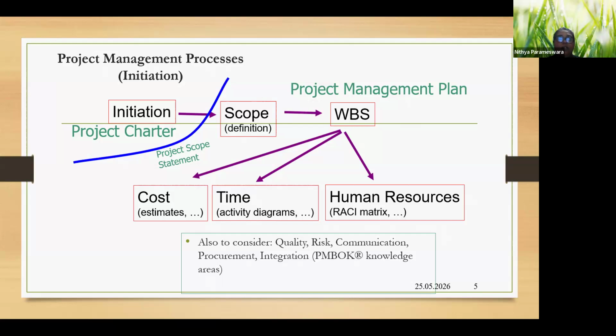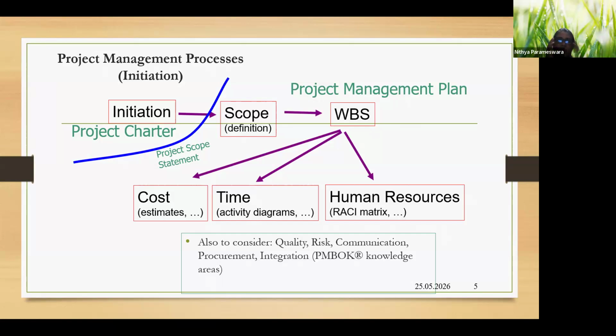You will mention clearly what is inside the scope as well as what is not included in the scope. So when you identify what your scope is, or what the main deliverables are that you are going to do within the project, this information will be used in order to develop the work breakdown structure.